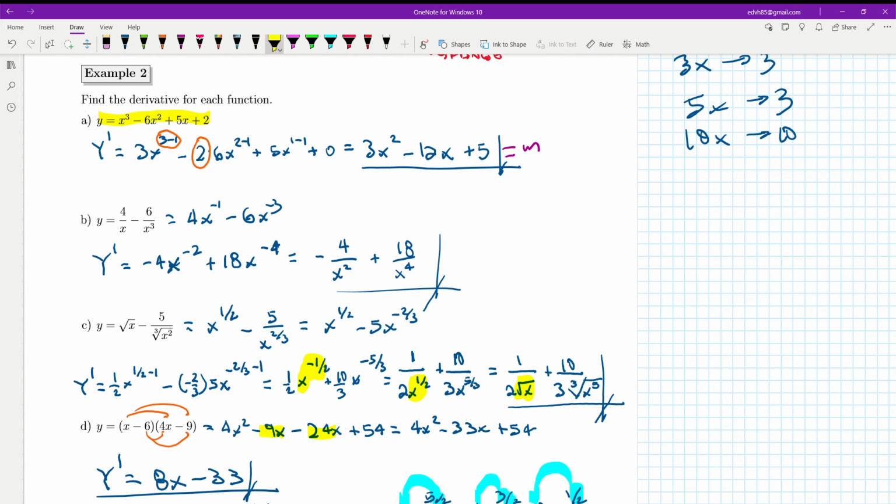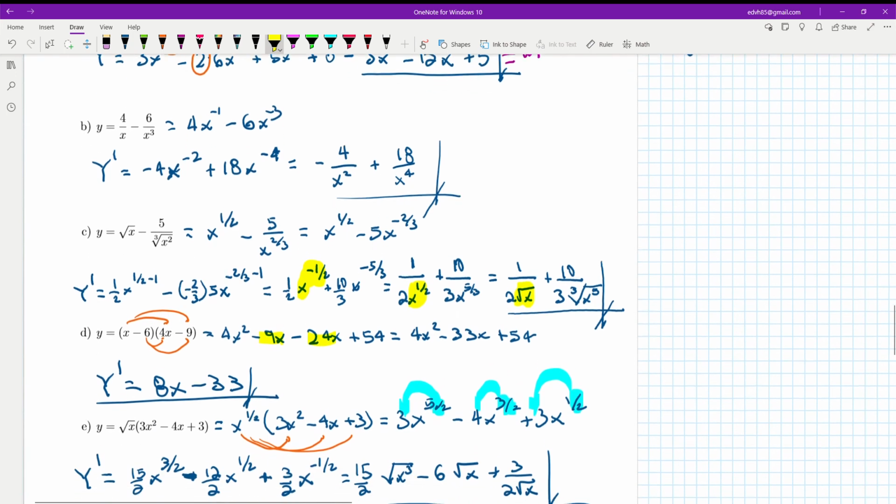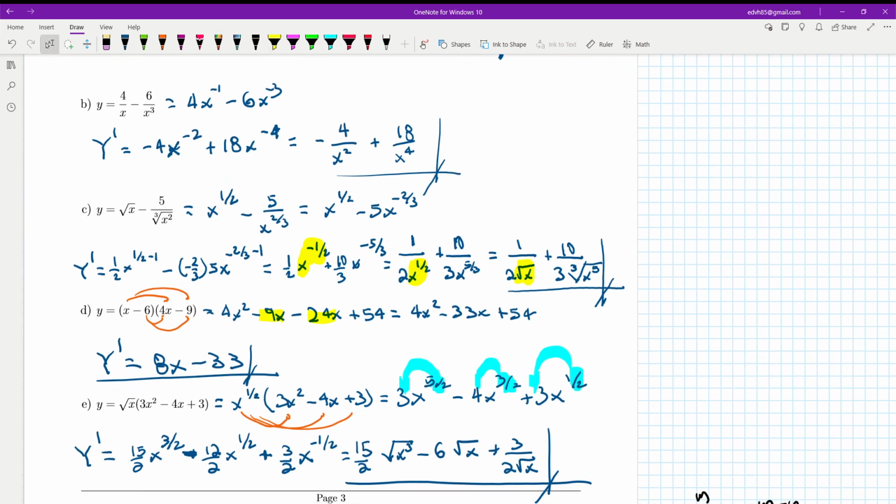It's a polynomial. It's defined for all real numbers, that is, the derivative exists for every value of x.